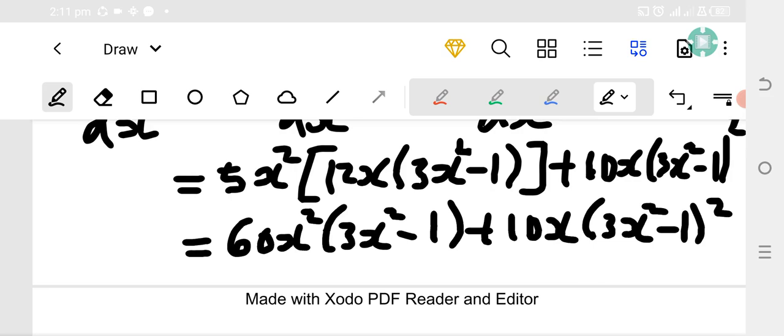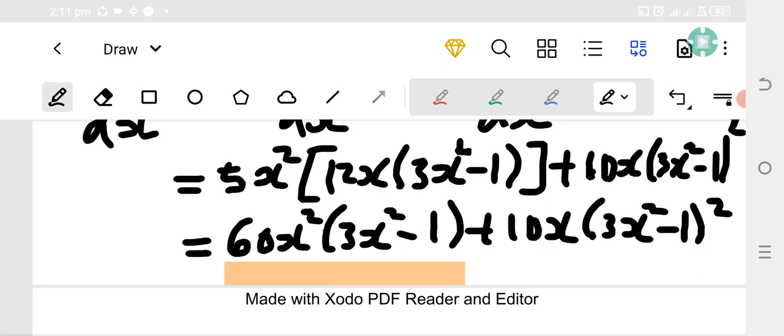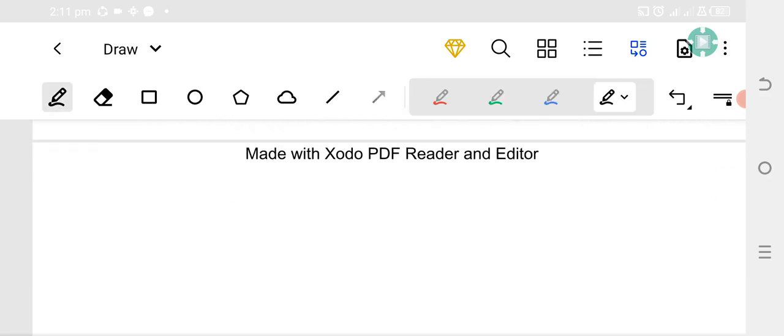As we can see, we have this term there and that term there, and the bracket is common. What is in the parentheses is 3x squared minus 1, and we are going to factor it out. Let me write it smaller.